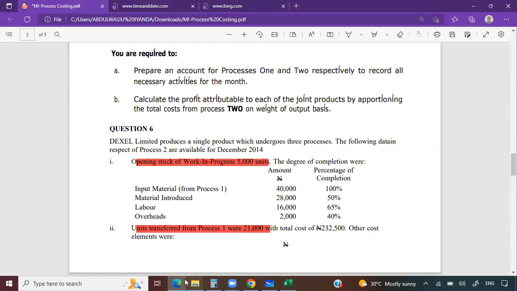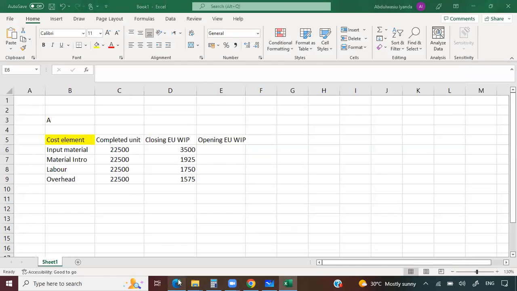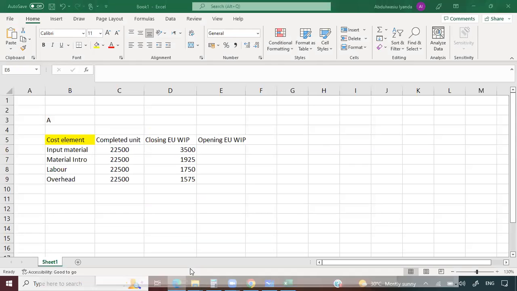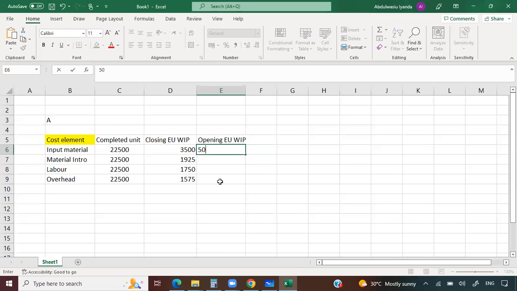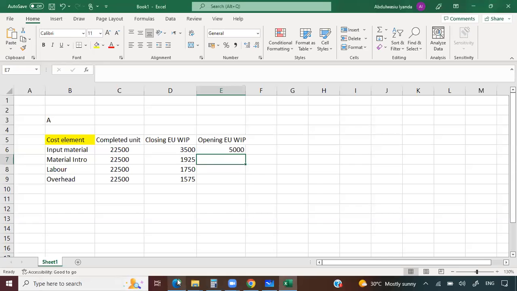Additional information 1. Opening work in progress, 5,000 units. Input material from process 1, let's say it is 100%. So I'm having 5,000 here. Material introduced, 50%. That is 2,500.